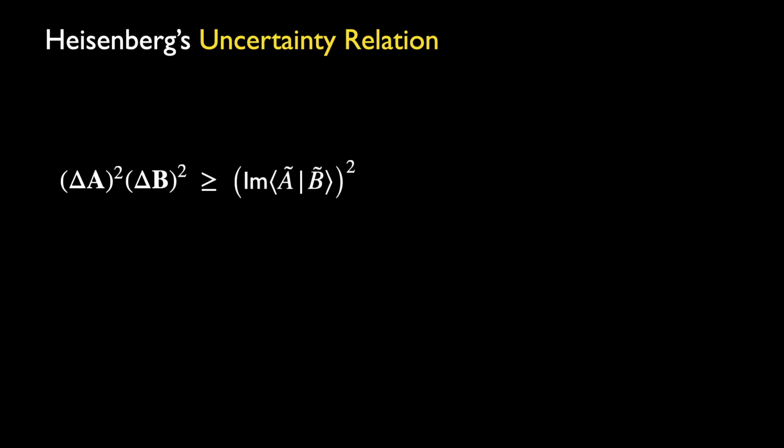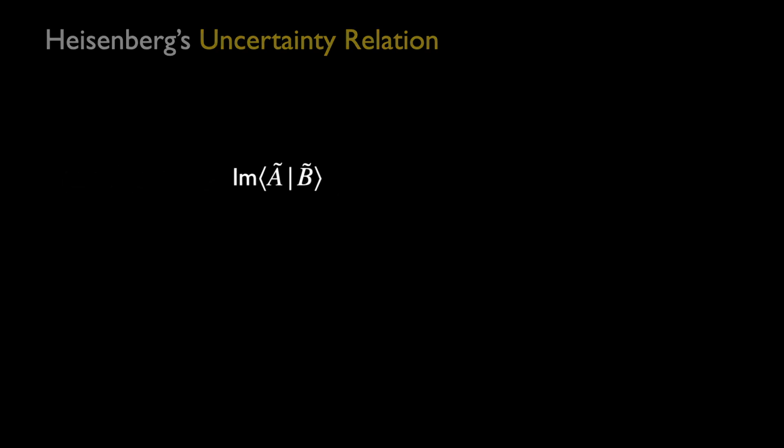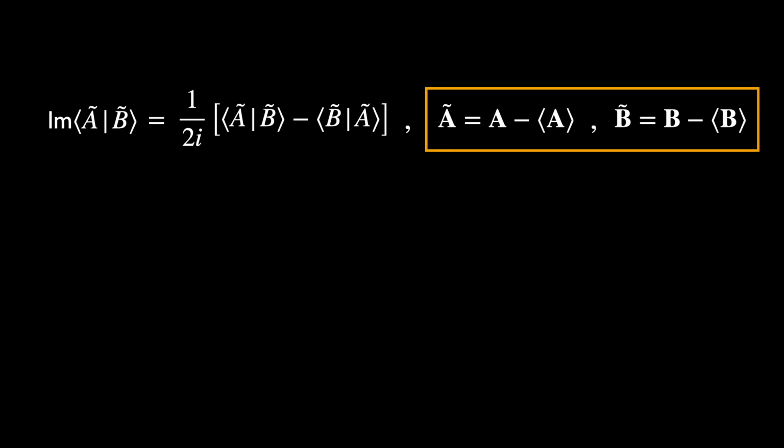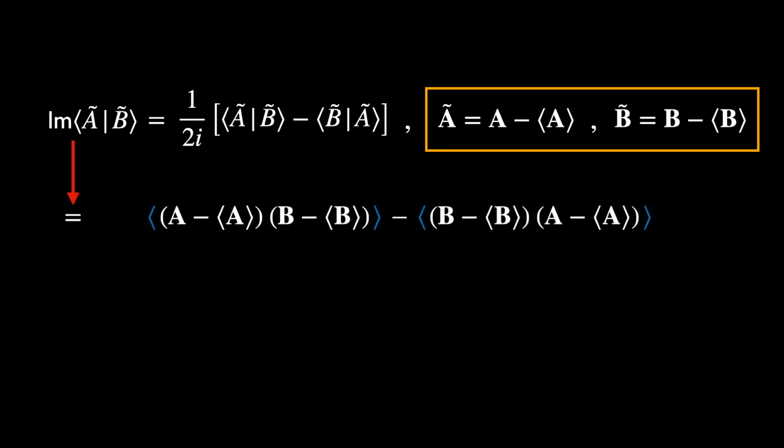Let's expand this imaginary part in terms of the bracket A tilde B tilde as well as its complex conjugate B tilde A tilde. By using the definitions of A tilde and B tilde, both brackets can be expressed as below. Remember that all these brackets are taken in terms of psi.